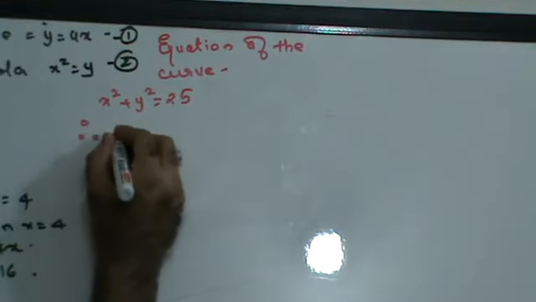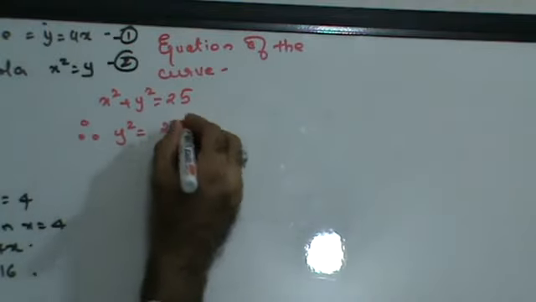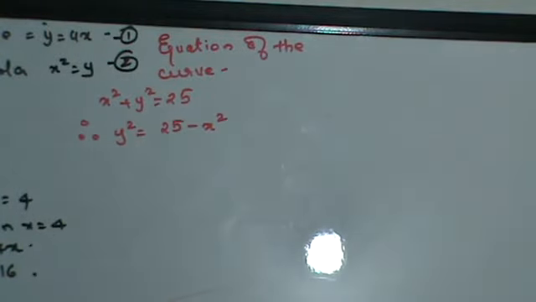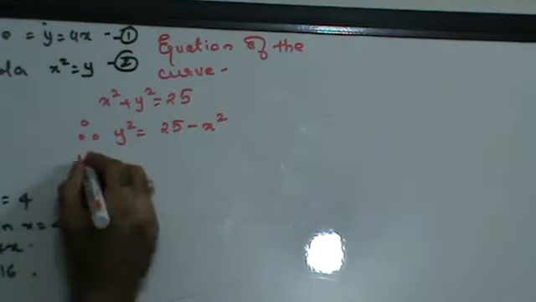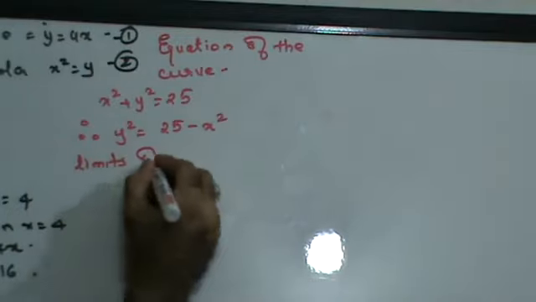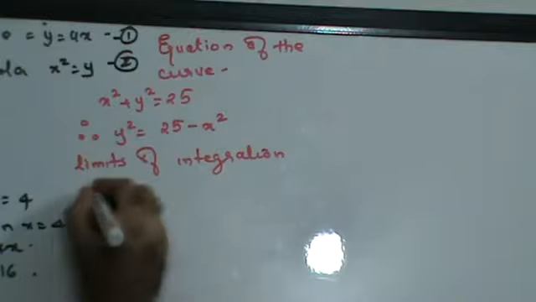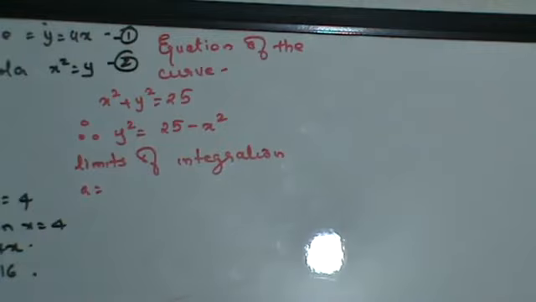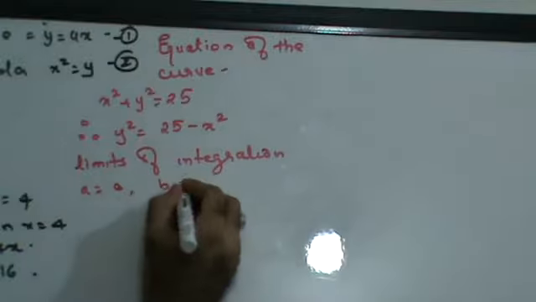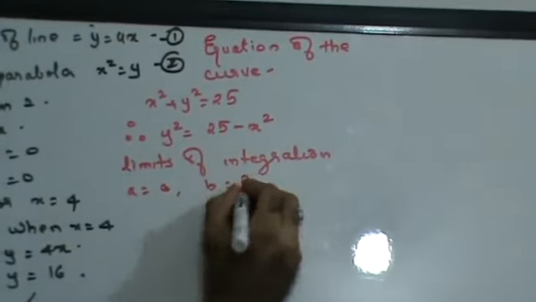Therefore, I can say that y square is 25 minus x square. Now, they have also given me the limits of integration. The lower limit is given as 0 and the upper limit is given as 3.